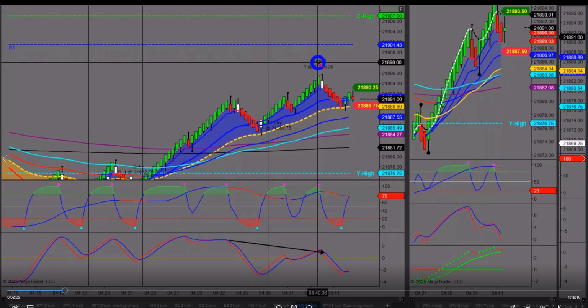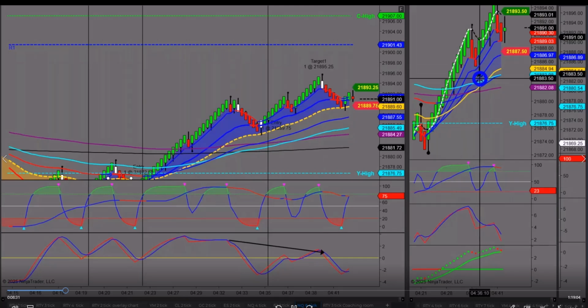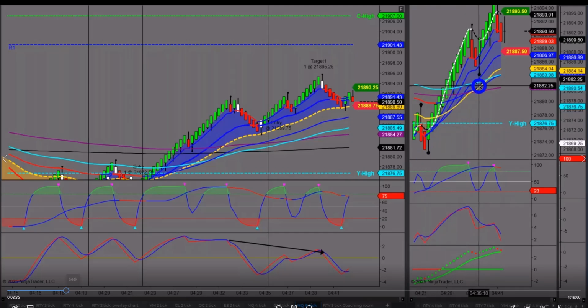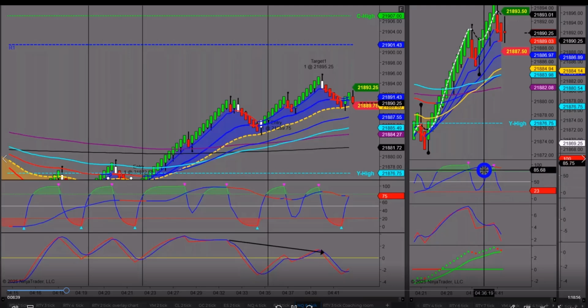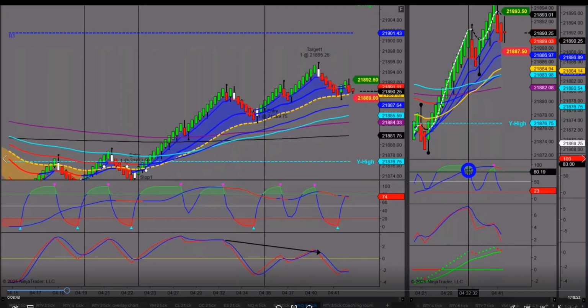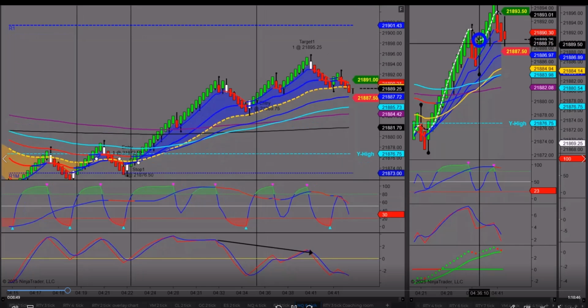Now if you're a brand new trader, this is not rocket science, and it just takes a matter of learning what exactly I'm looking for and what you should be looking for. Basically anyone that's committed can learn this. It's just a matter of learning the patterns, looking for the retracements.